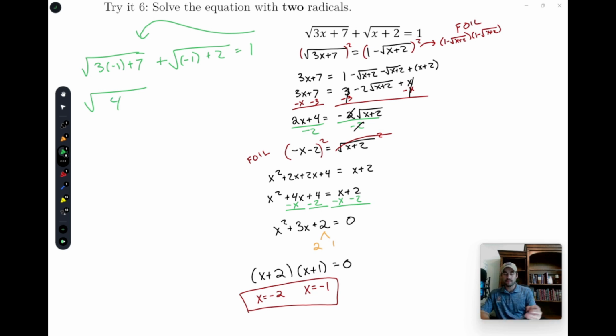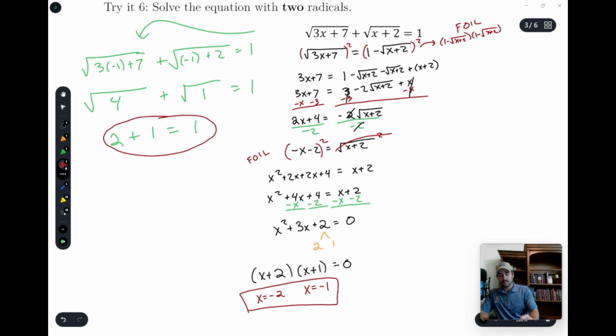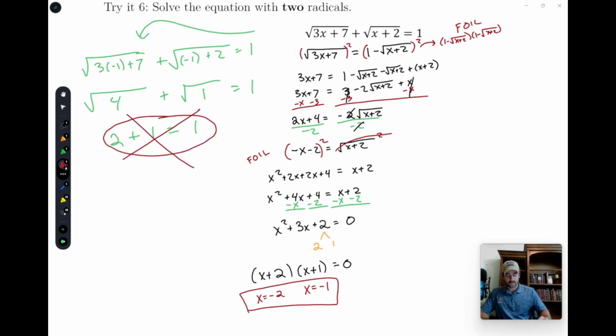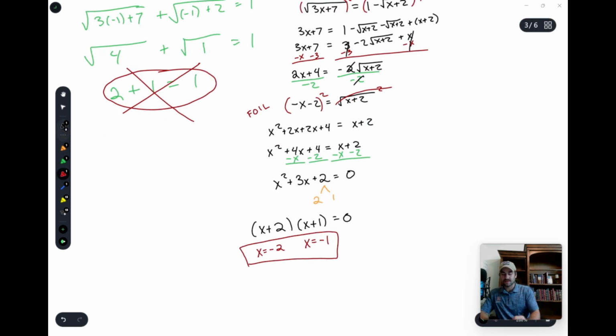Square root of 4 plus the square root of 1 equals 1. So we've got 2 plus 1 equals 1. Uh-oh. That doesn't seem right. All right, so I'm going to tentatively cross out, making sure I did all my algebra correctly, that -1 solution.